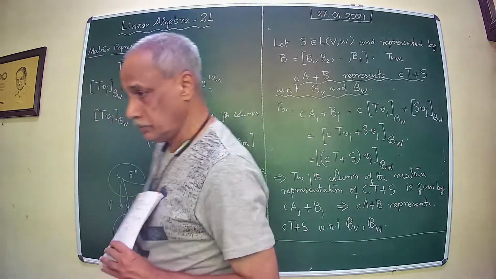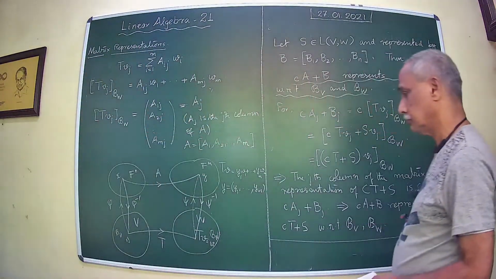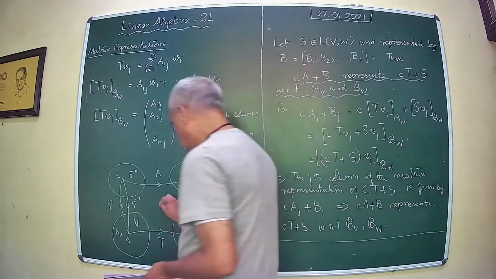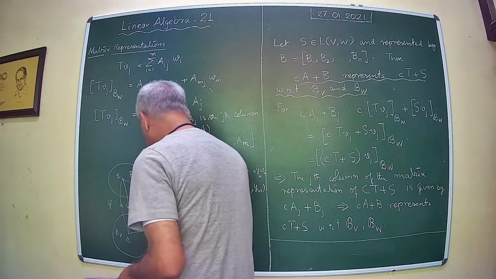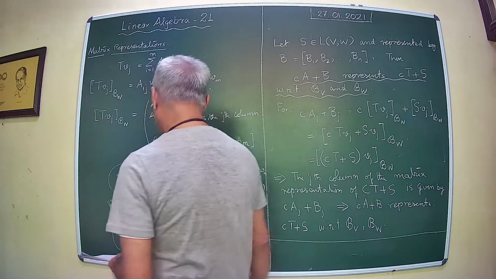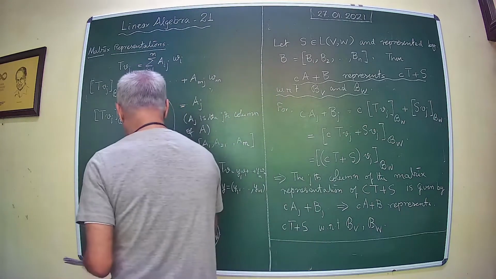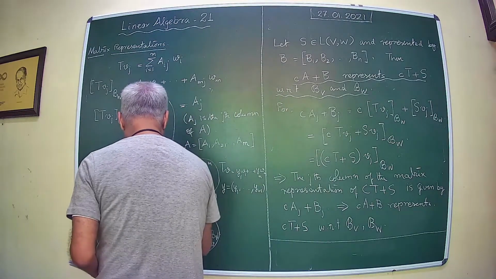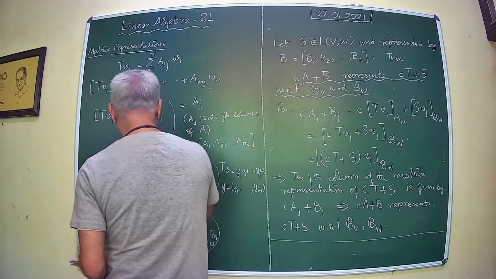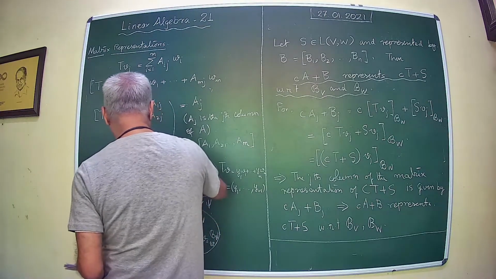Now we make an observation. So now you have got T is an element of L(V, W) and A is an element of M m by n (F).